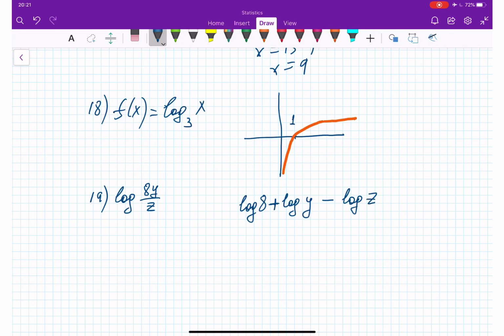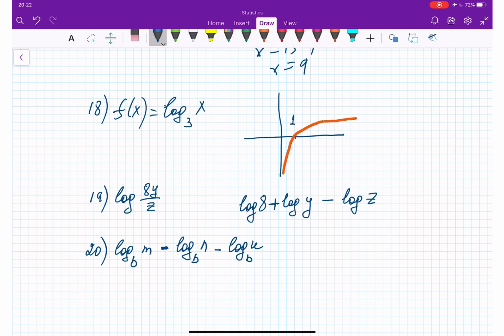And lastly, now we need to condense, go in the opposite direction. Log m with base b minus log n with base b and minus log u with base b.